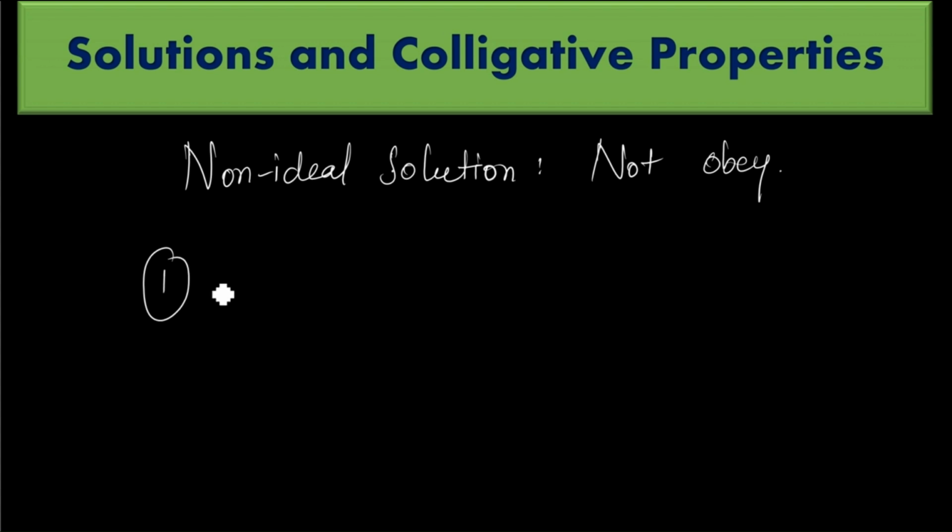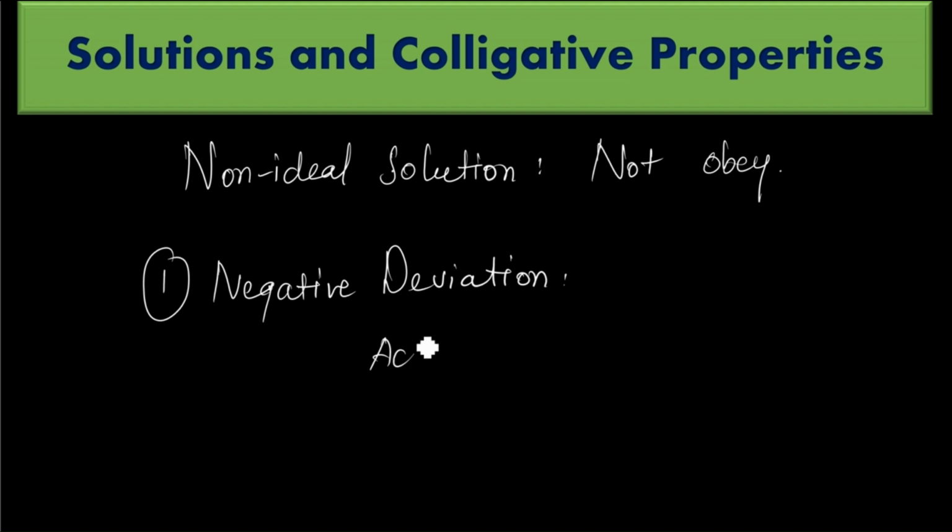The first type is negative deviation from Raoult's law. Now, what is this? We already talked about the graphical representation of Raoult's law, right? So from that representation, it is deviating. It is not obeying. It shows the negative deviation. For example, the actual vapor pressure is lower than predicted by Raoult's law.